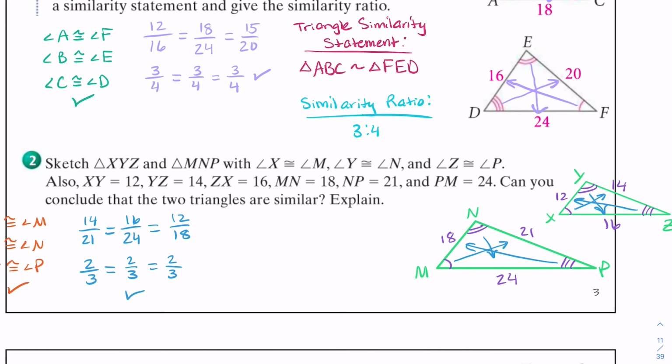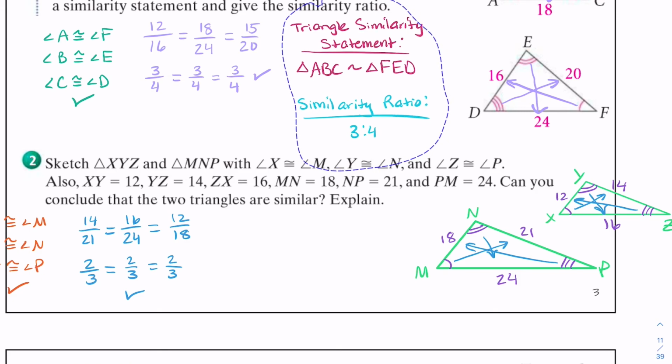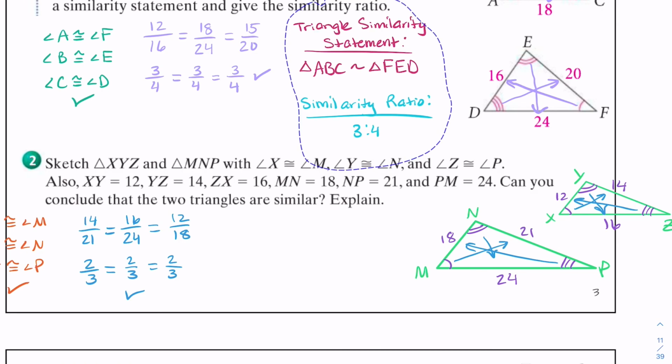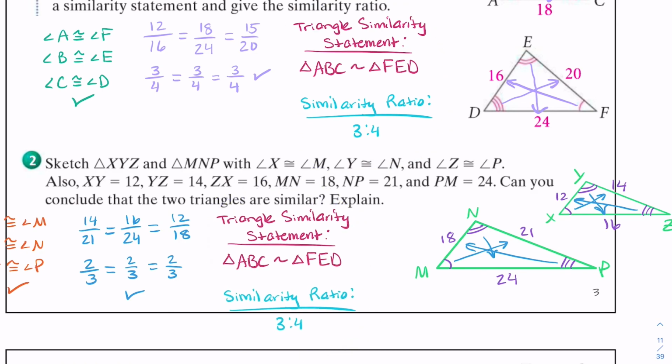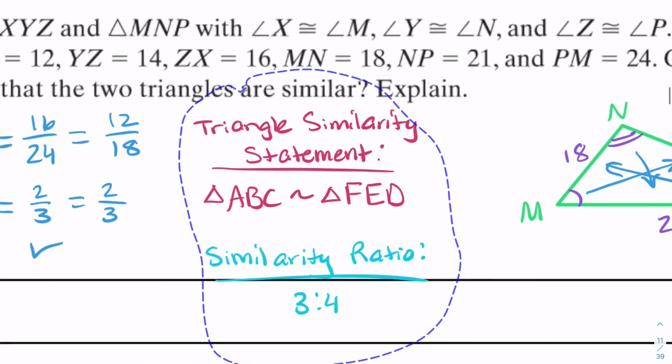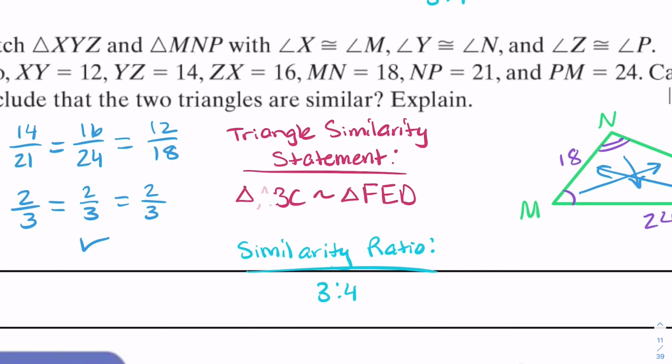So what I'm going to do, I am just going to write these things down. So the statement is XYZ and MNP, and the similarity ratio is 2 to 3.